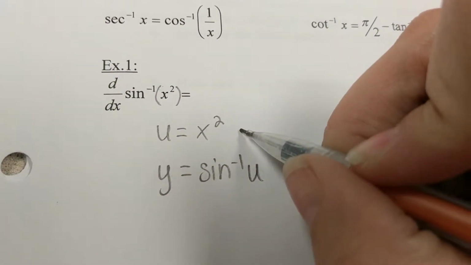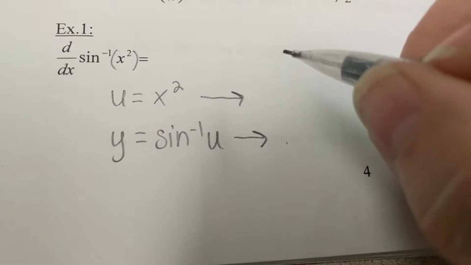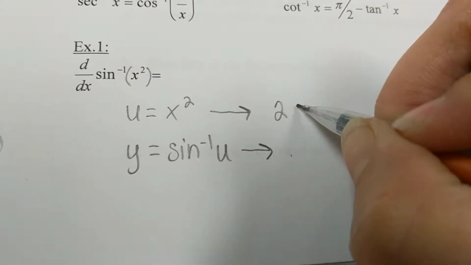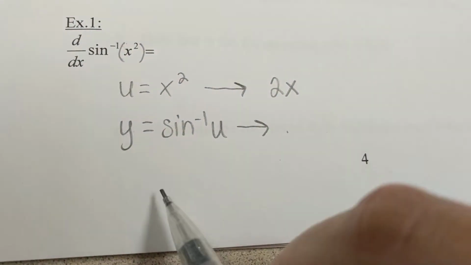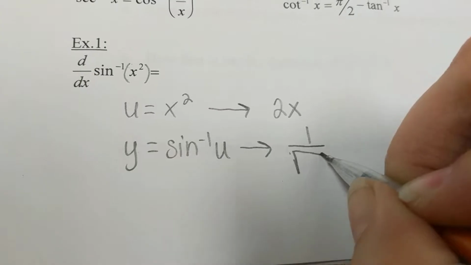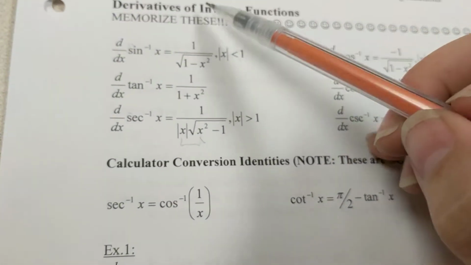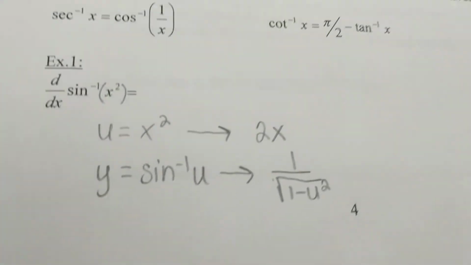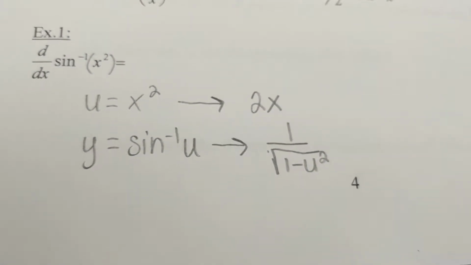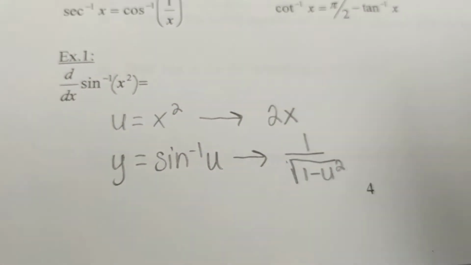And like I said, I do my shortcut. The derivative of u with respect to x is 2x. And then the derivative of inverse sine of u is 1 over the square root of 1 minus u squared. And I got that from right up here. And then as with any other chain rule, what do we do with these two? We multiply them.